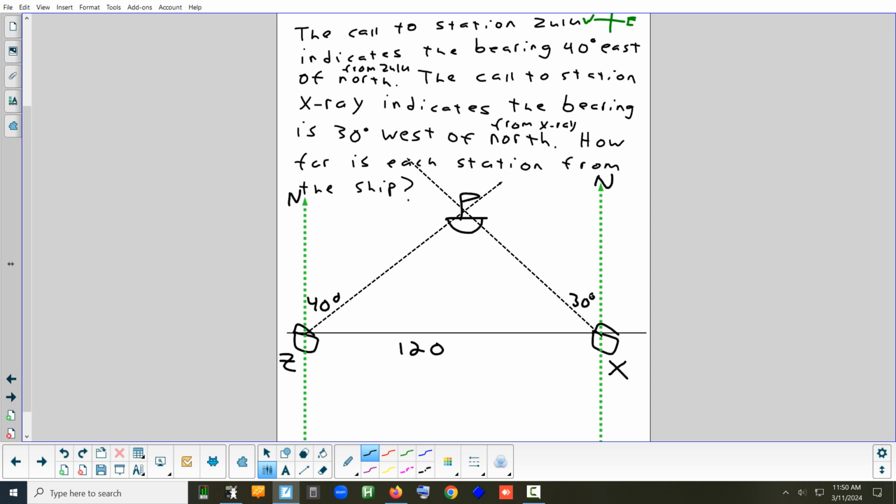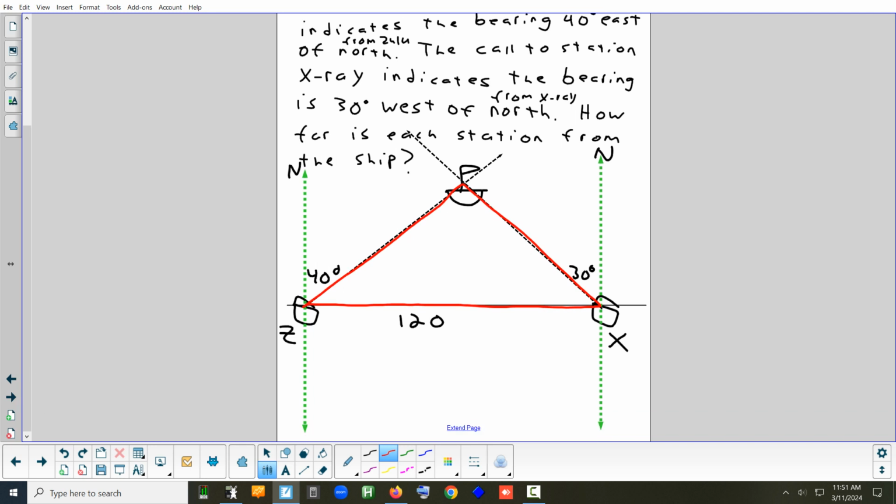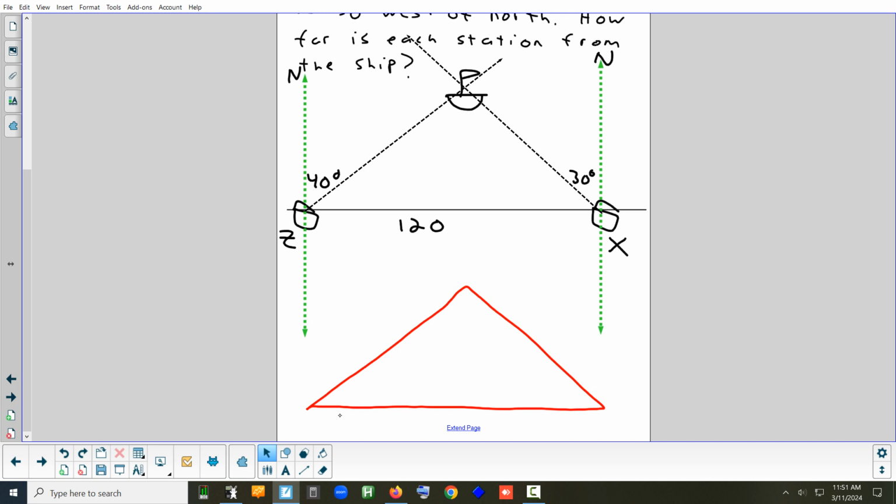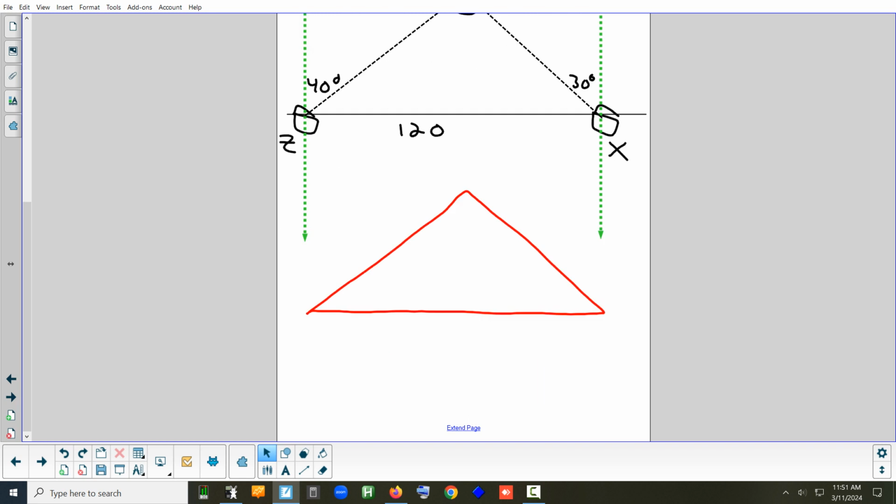From here, we're going to figure out what the inside angles are, between the solid line and the dotted line, which is going to be extremely easy because we know that from north to east or northwest is a perfect 90 degrees.